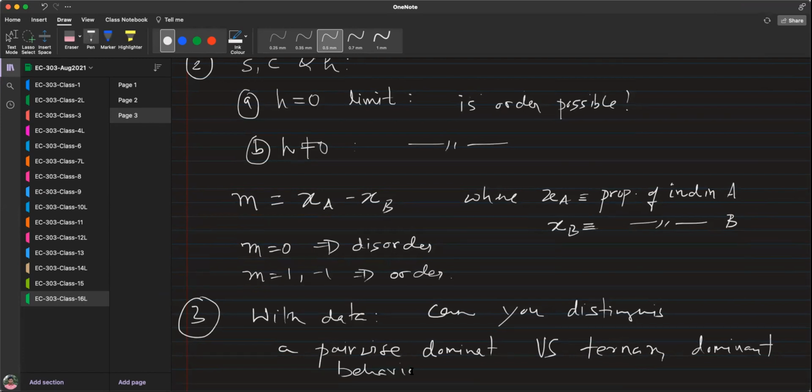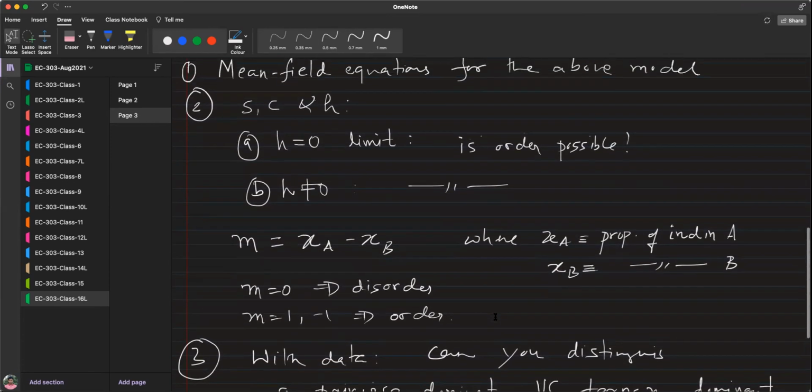This is a qualitative answer, and basically what quantity will you plot to distinguish that? Any questions, doubts?